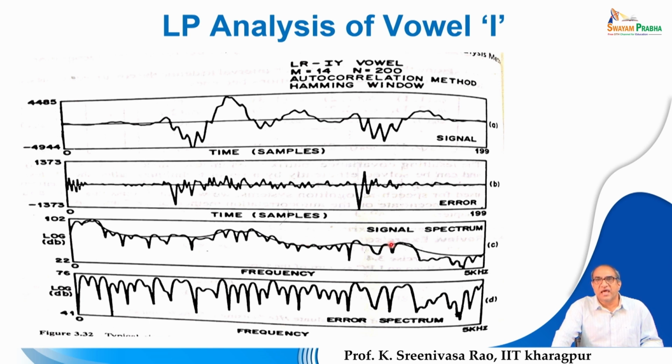Whereas the rippled plot is the spectrum of the entire speech segment, which contains the properties of both the vocal tract system as well as the excitation signal, because the speech signal is a convolution of the vocal tract response with the excitation signal.